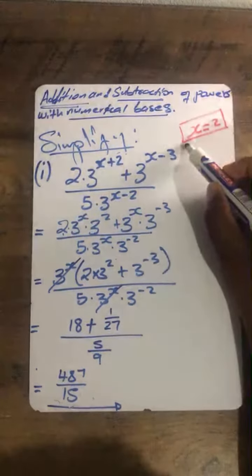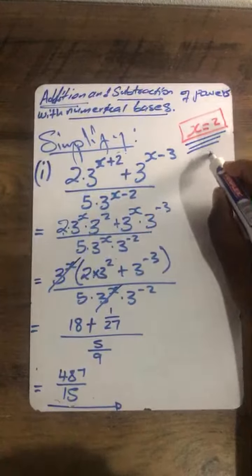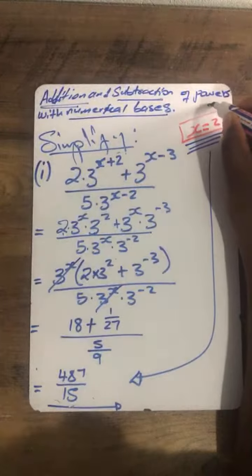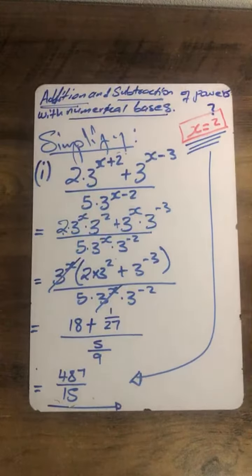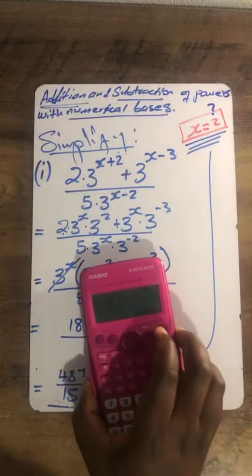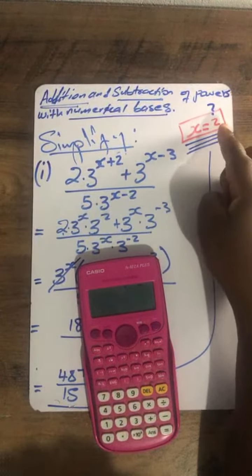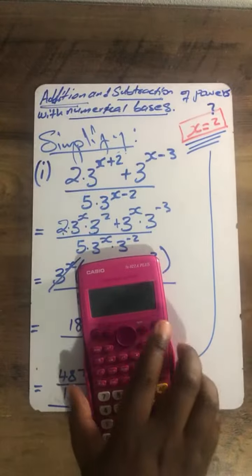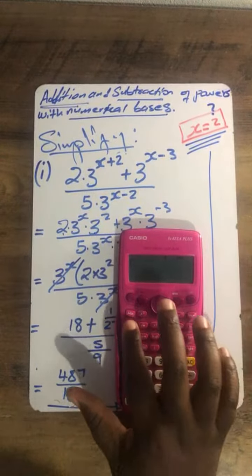Let me tell you guys a secret. This is how I was going to try prove if my final answer is correct. You can use any number there. So let us punch this original problem where we punch 2 where we see x, and see if it is going to give us that. Let me test if this thing still works.